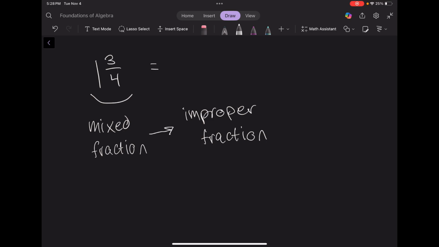To make an improper fraction, we're going to do 1 times 4 plus 3. So 1 times 4 plus 3 is going to be my numerator, and 4 is going to stay my denominator.